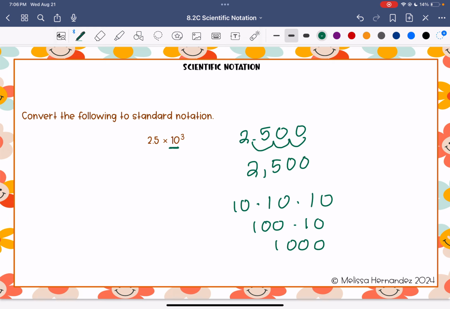If you multiply 1,000 times 2.5, you're going to end up with 2,500. And like I said, I'm going from scientific notation to standard. Kids just do better at it. It's when you have to go the other way.